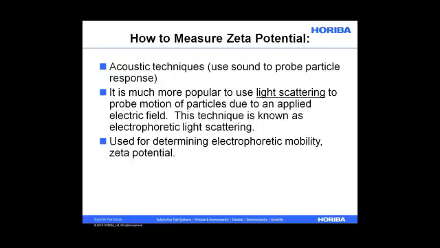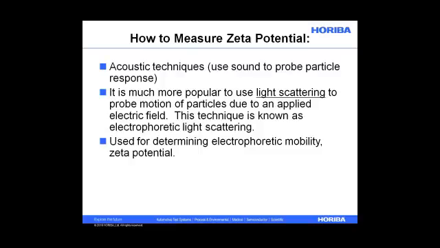So I mentioned this imaginary plane and measuring the charge of the imaginary plane, and I mentioned what to do with the information. So how do you make the measurement? Well, there are a few techniques. One set are the acoustic techniques where you use sound to probe particle response. One older method is to use a microscope where you actually look at the particles, and if they're big enough, you can see them under a microscope and watch how they move.